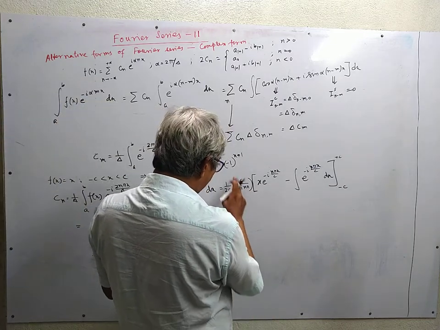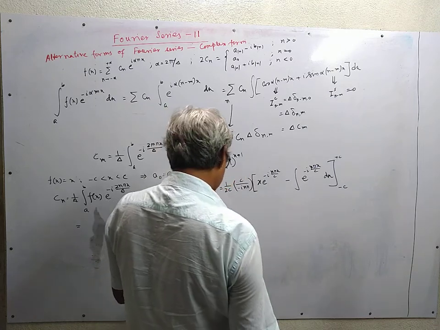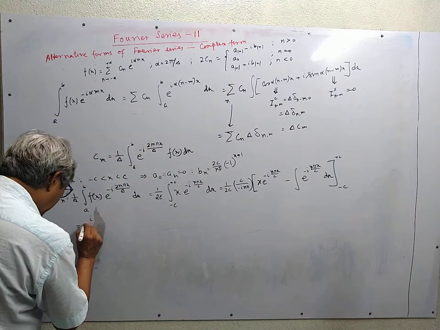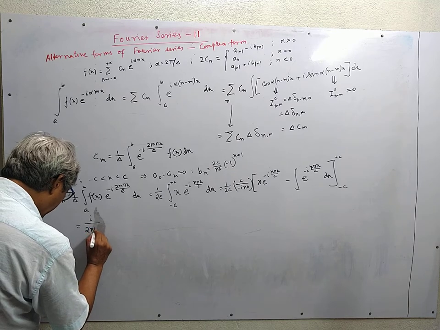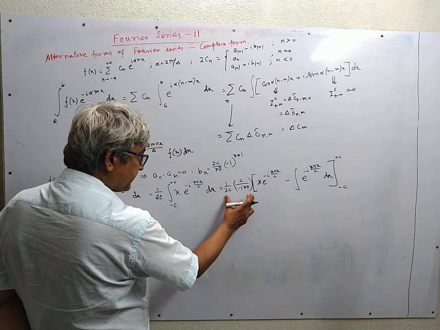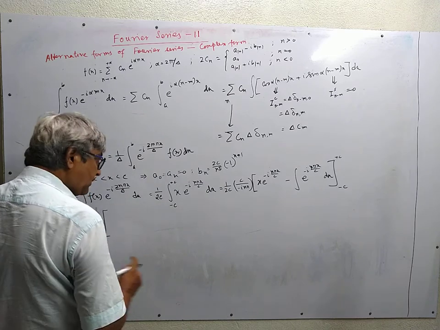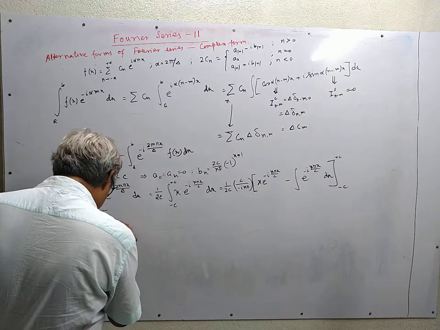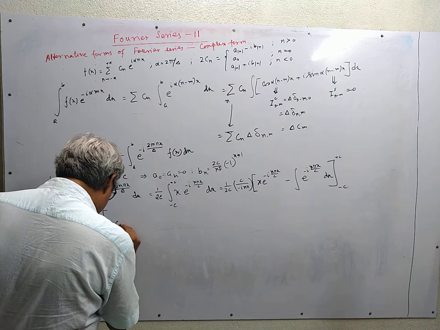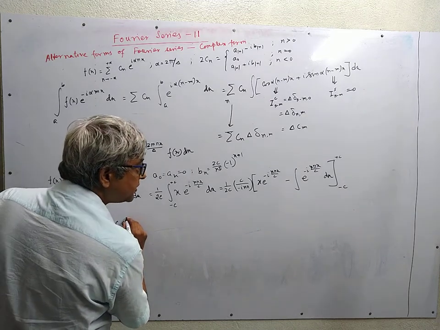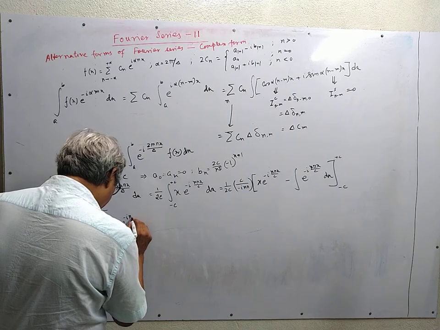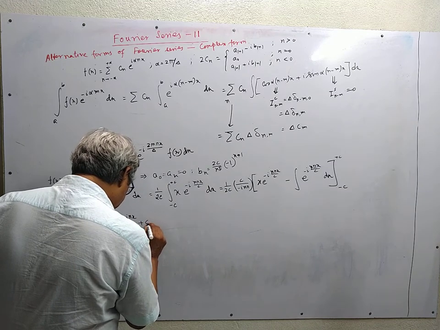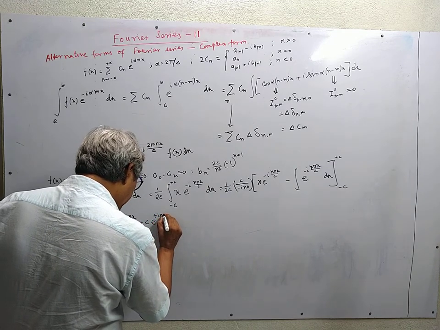When we take this i to the numerator, it will be plus i, so we will have i by 2 n pi. This is the simplification of this part, and then this will be c times e to the power i n pi, because x is equal to c, minus, and this is plus c to the power plus i n pi.